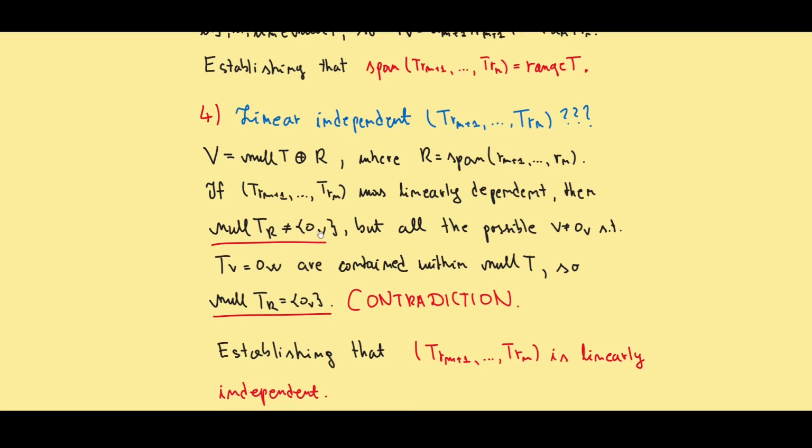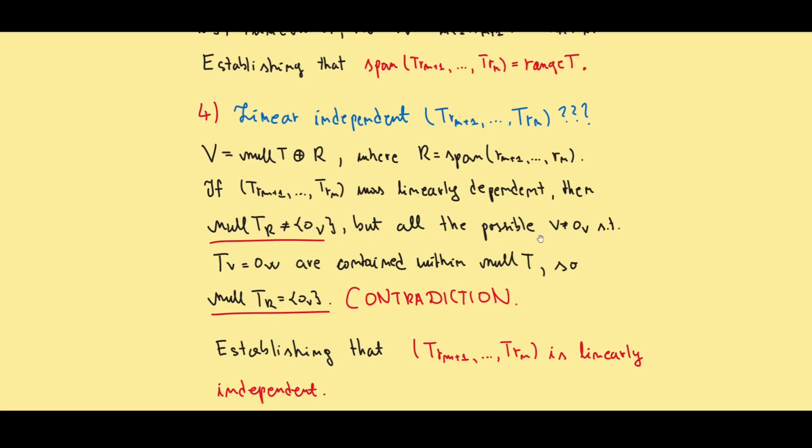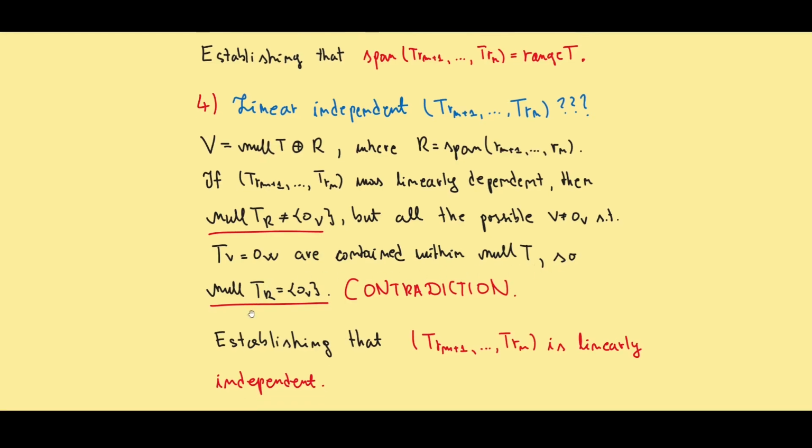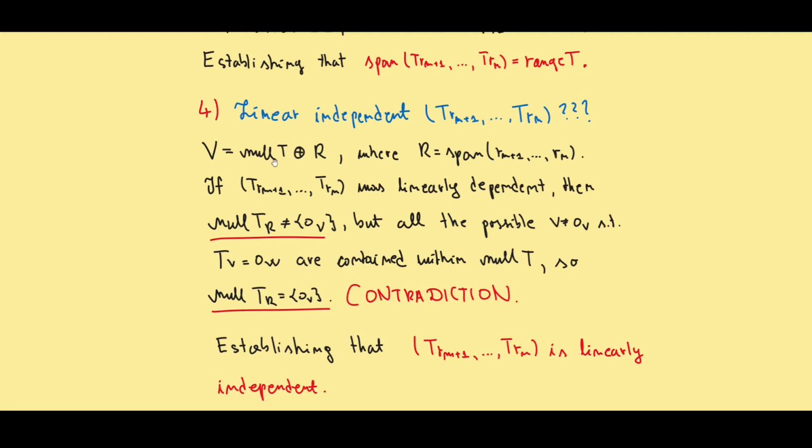So there would exist some other non-zero vector in it. But all the possible v that are different from 0, such that T of v is equal to the 0 vector in W, are contained within null T. That's the whole point of null T, for it to gather all of these vectors. So due to all of this reasoning, null T of R would have to just be the 0 vector, because all the other vectors would be contained in null T, only leaving the 0 vector.